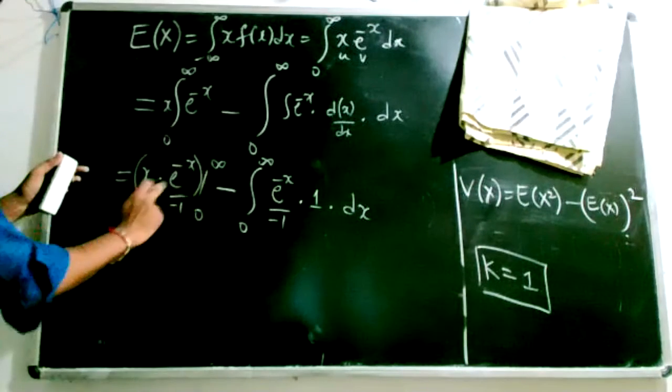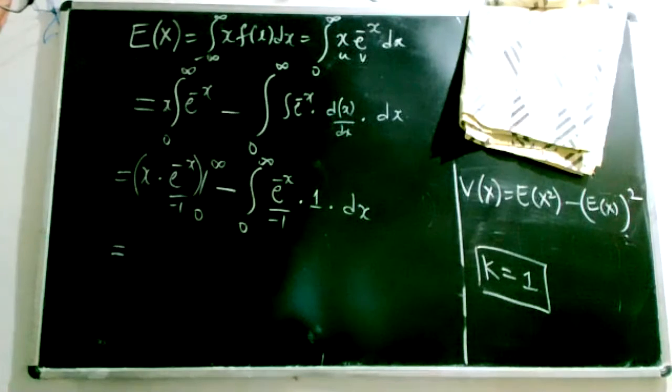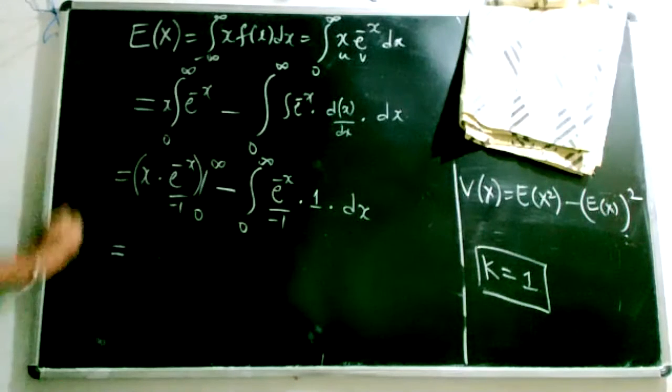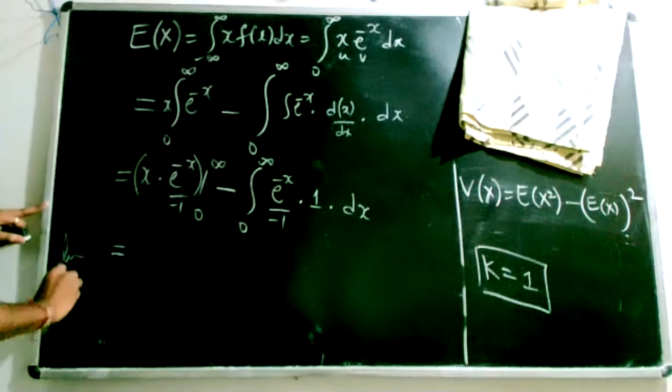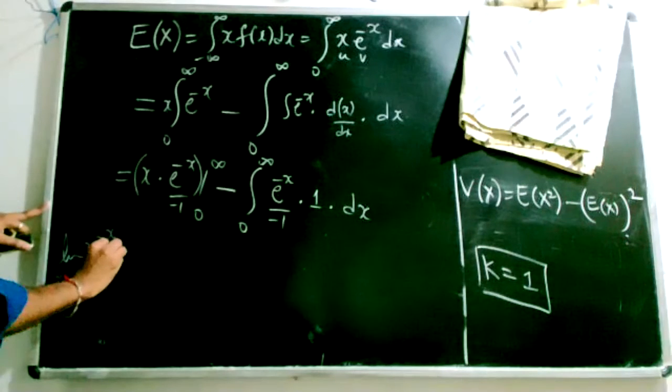Now when you put the limits here, again we are using another known result. Limit x tends to infinity, x into e power minus x is also equal to 0.